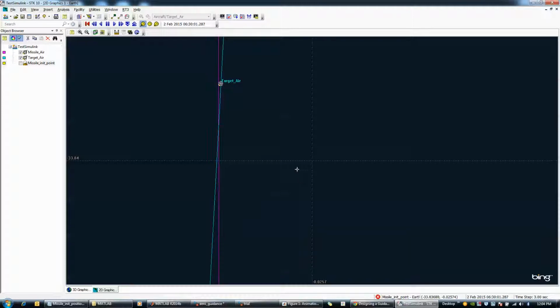So the target is coming, and the missile is over here.